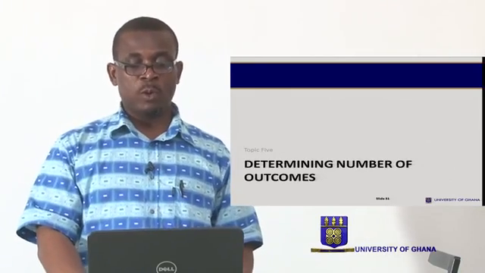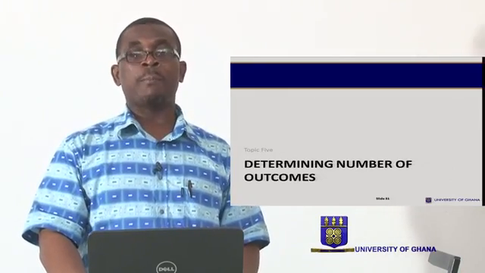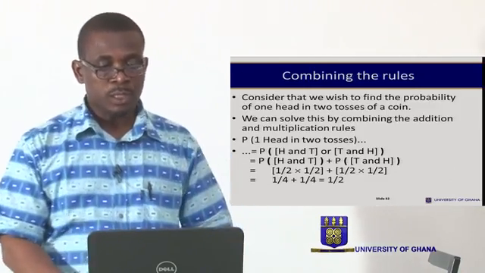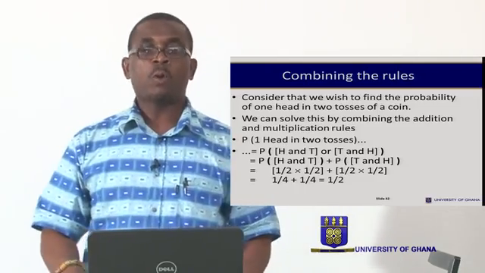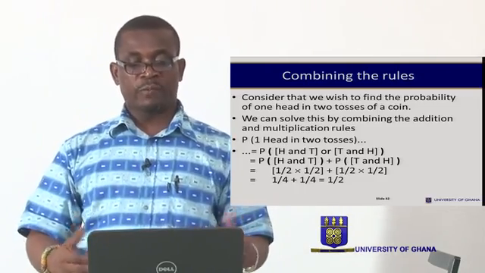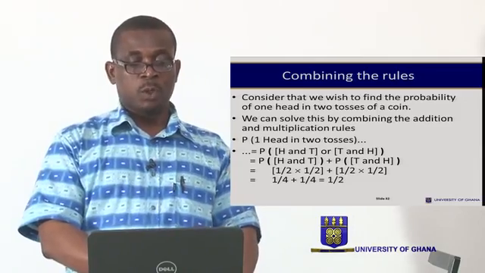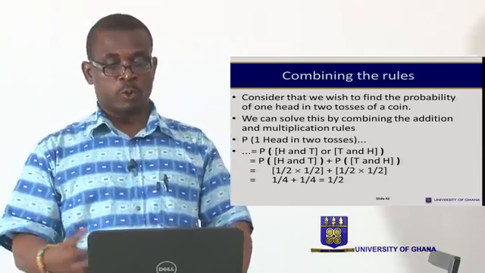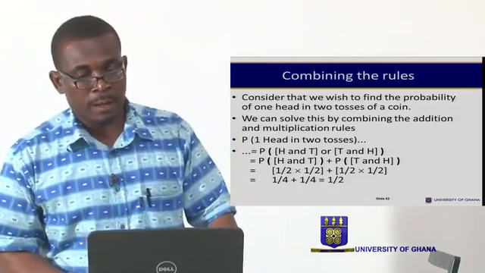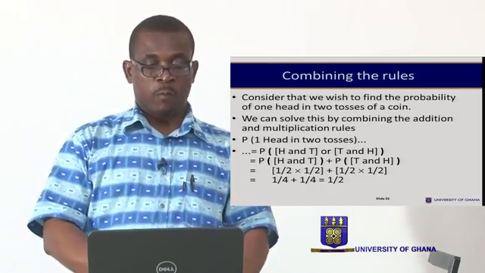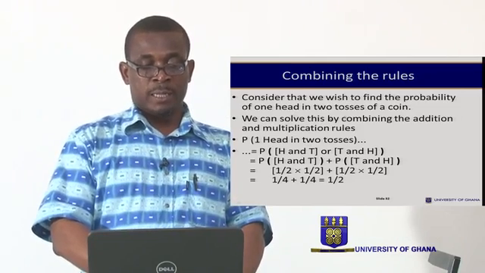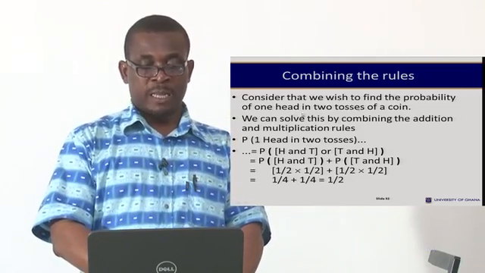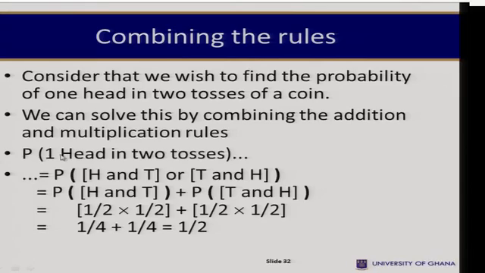Let's wrap up by looking at determination of number of outcomes. Now, consider that we wish to find the probability of one head in 2 tosses of a coin. So we toss a coin twice. We want to find the probability of one head. We can use a trick to solve this problem. For example, we want the probability of one head in 2 tosses.